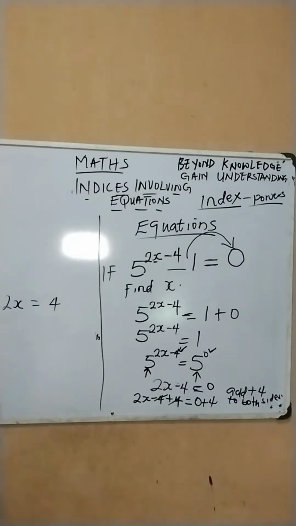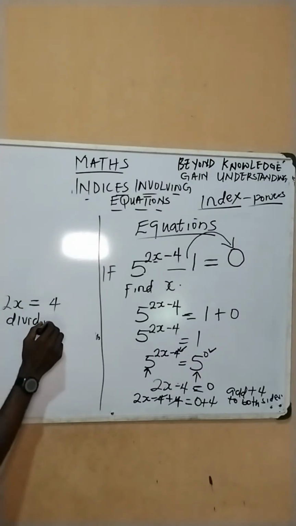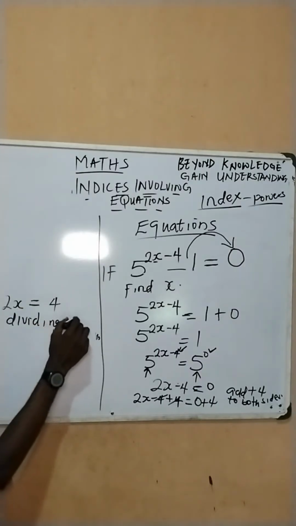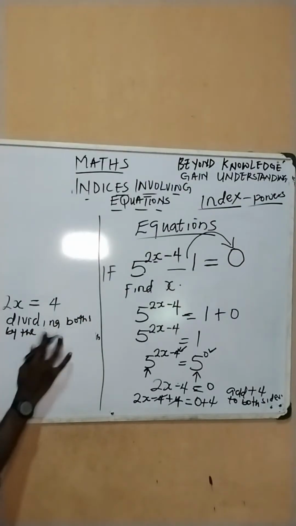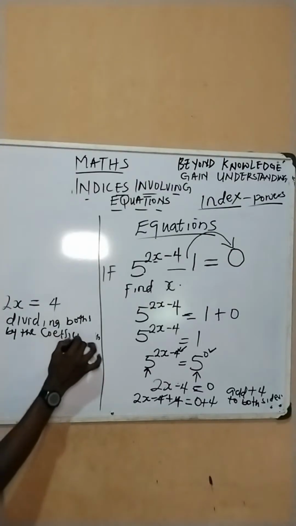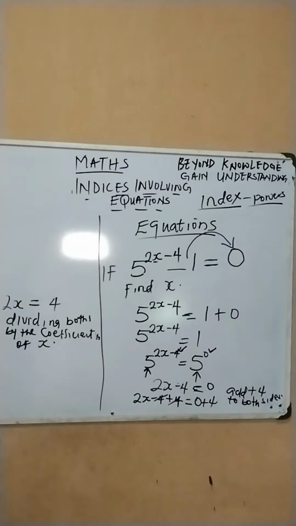And then we'll go about dividing both sides by the coefficient of the unknown. Remember, dividing both sides. Why are we dividing both sides? Because there's an equality sign here. Dividing both sides by the coefficient of x, that's what I'm going to do here.